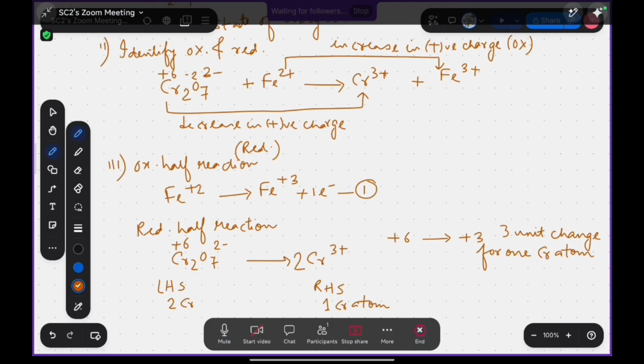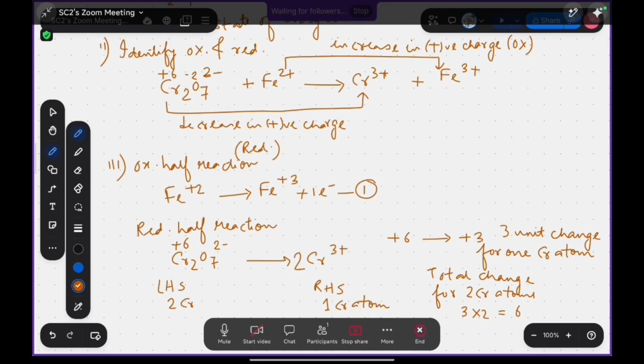Since there are 2 chromium atoms involved, for 1 chromium it is plus 6 to plus 3, so the total change for 2 chromium atoms is 3 into 2, that means 6 units change.